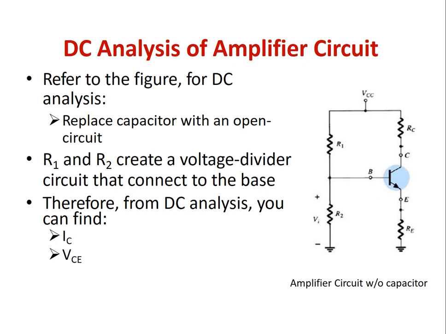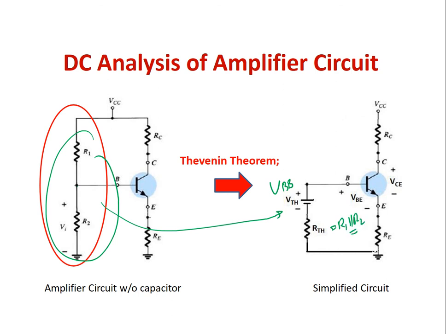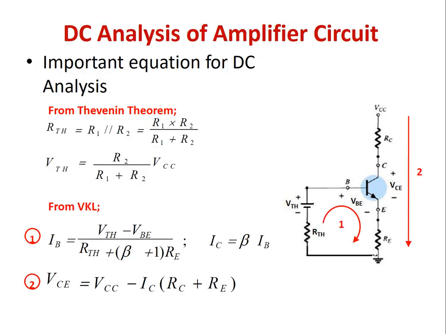Like the last example which we did, we know that these run in parallel, so we get the VThevenin, which will be VBB, and RThevenin is basically R1 parallel with R2, like we did in the last example, and then the rest of the circuit. We just apply KVL here to derive the relationship, because we know that IE is (beta plus 1) IB.